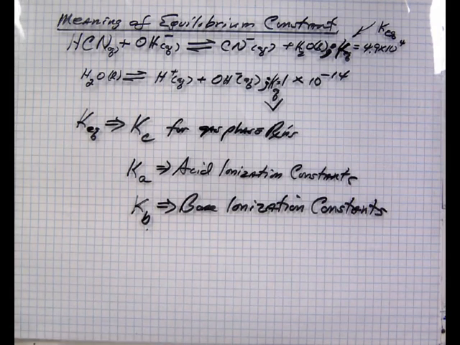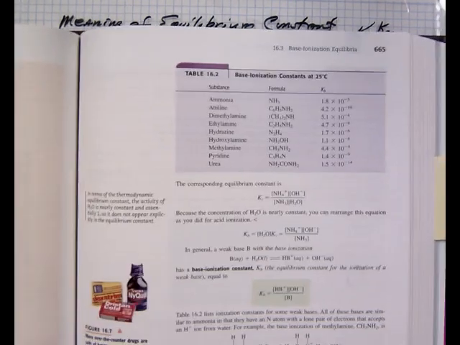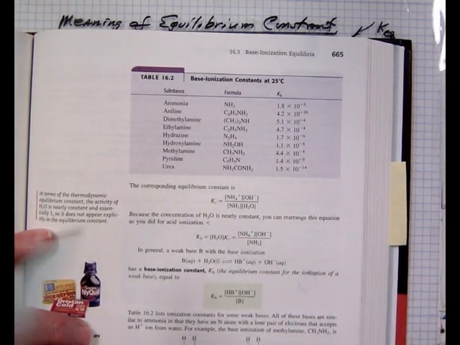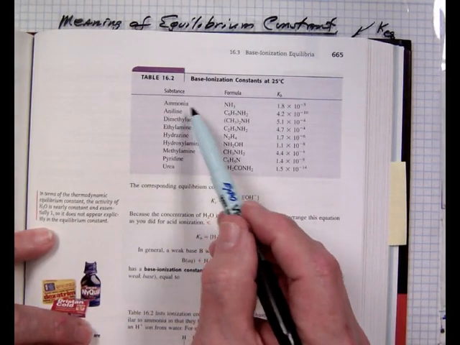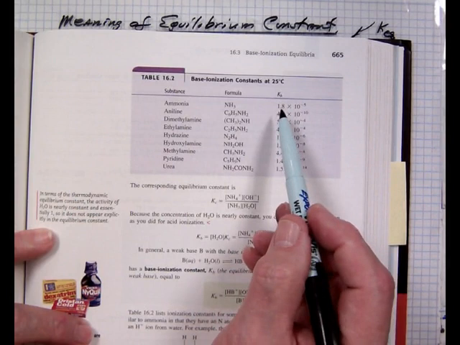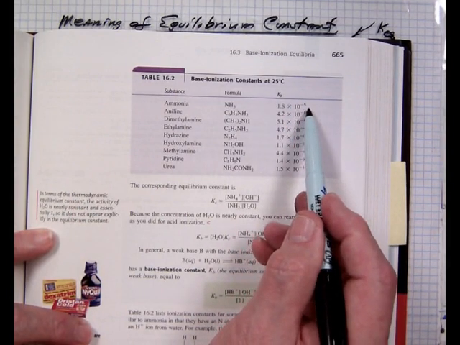There is a class of compounds called amines, which are ammonia derivatives, which when put into water coordinate with water and ionize to hydroxide. Well, these are classified as weak bases. Here you see, and I'll hold the book up, here is ammonia, which when put into water will have a hydroxide ionization K, or base ionization constant, I should say, of 1.8 times 10 to the minus 5.